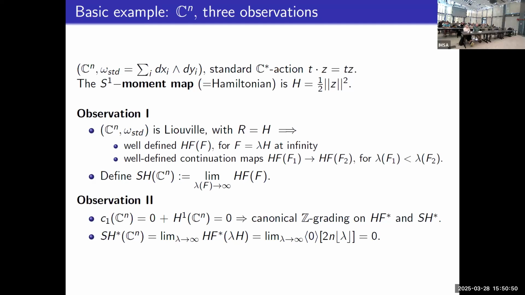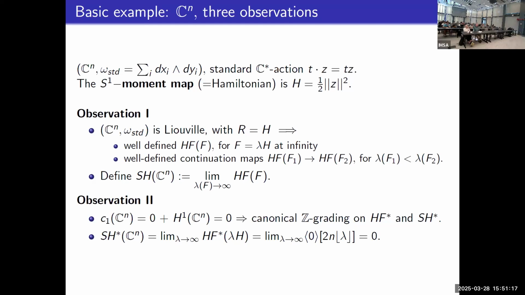And that's how you get the grading. But the point is that there's a lot of flexibility in Floer theory. So when doing this Floer homology, HF, I said take a Hamiltonian which is linear with respect to the moment map, but it doesn't have to be exactly lambda H. So my Hamiltonian H lambda is equal to lambda H at infinity.